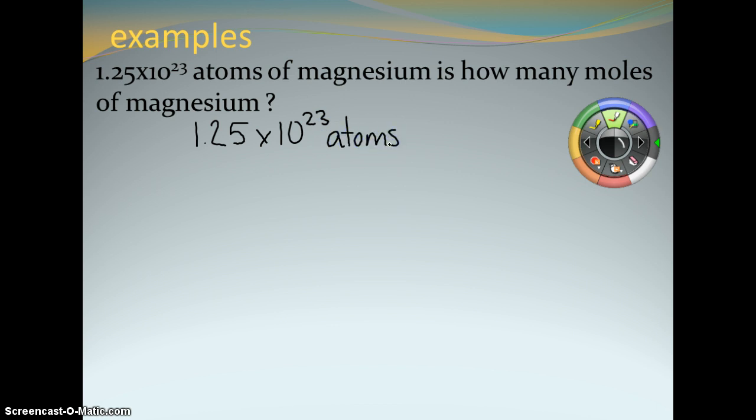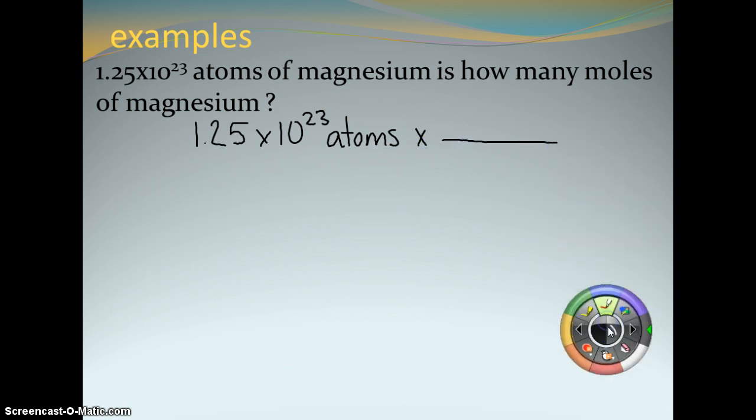So now we're going to set up our conversion factor. What we want goes in the numerator, and we are looking for moles, right? So we're going to put 1 mole in the numerator, and we are trying to get rid of atoms.